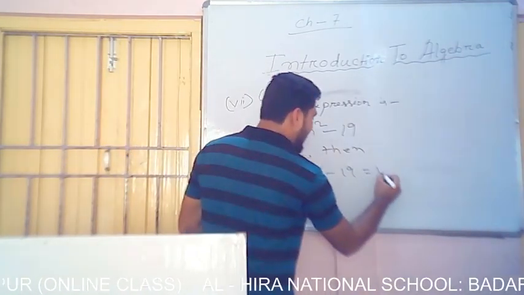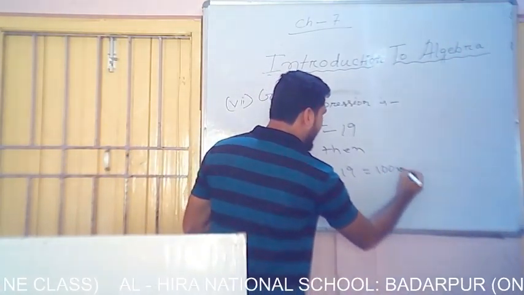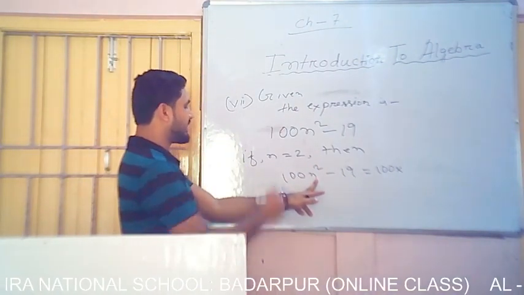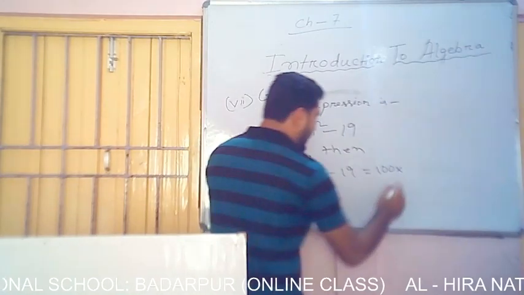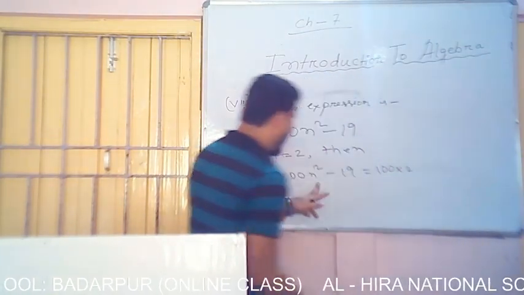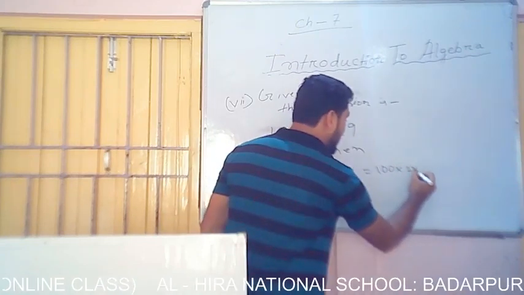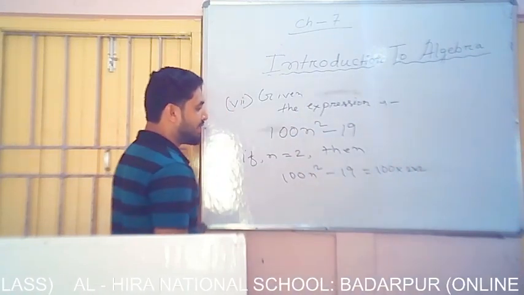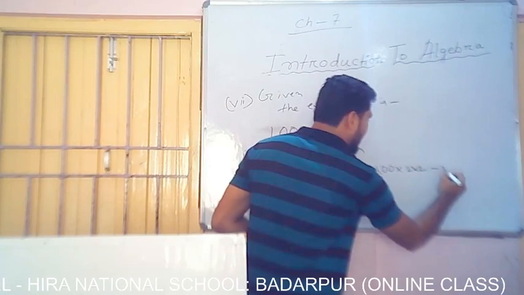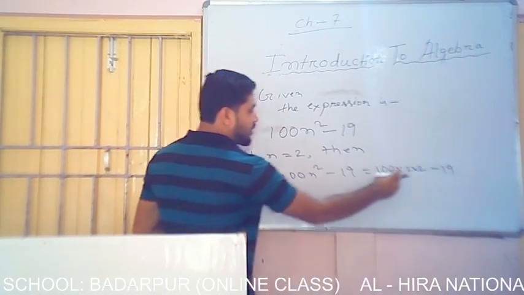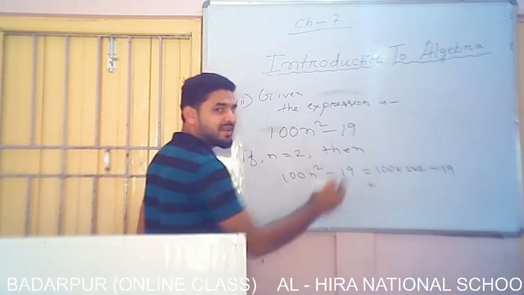That means we can write 100 into n square. The value of n is 2, and n square means we should multiply the same number again, so 2 into 2, minus 19. 2 into 2 means 4, 4 into 100 means 400.